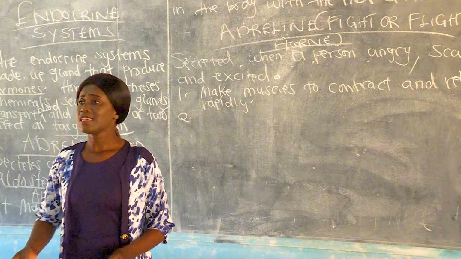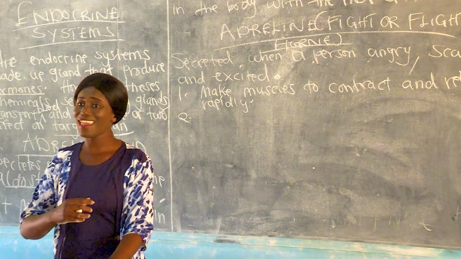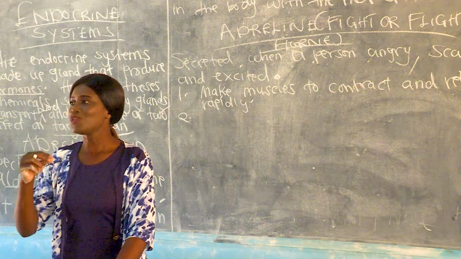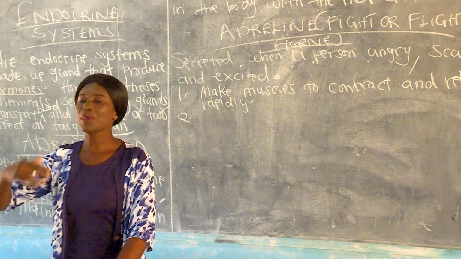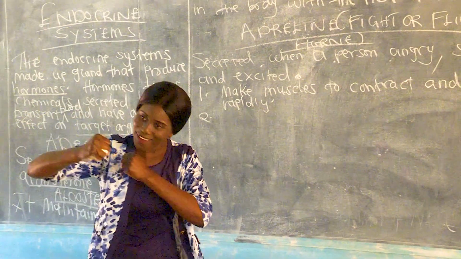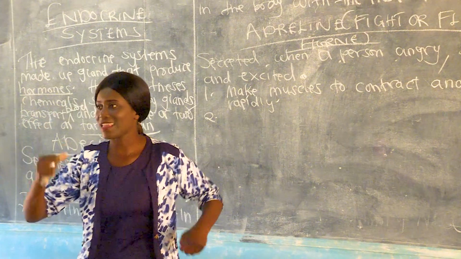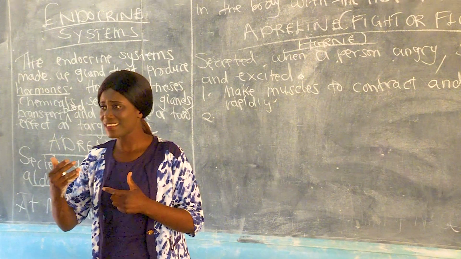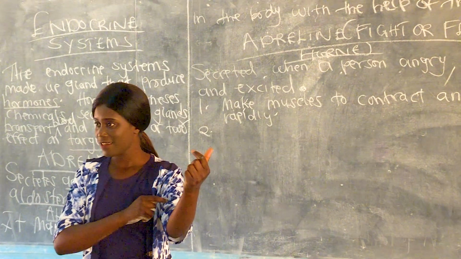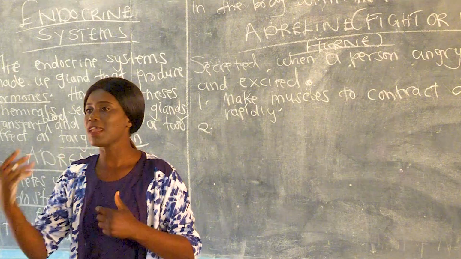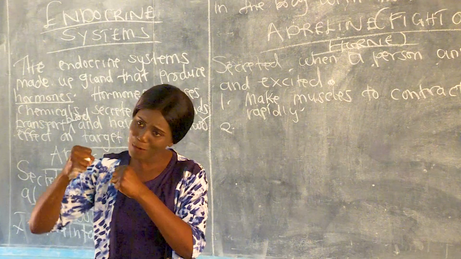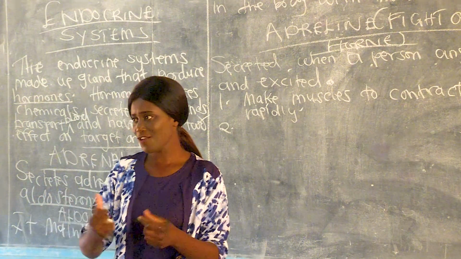Okay, so the high breathing rate increases the supply of oxygen to the muscle cells, which is needed during respiration, which will in turn produce energy that is needed for fighting or running. And that oxygen will lead to the production of a lot of energy that will make someone fight back. Are you following me?